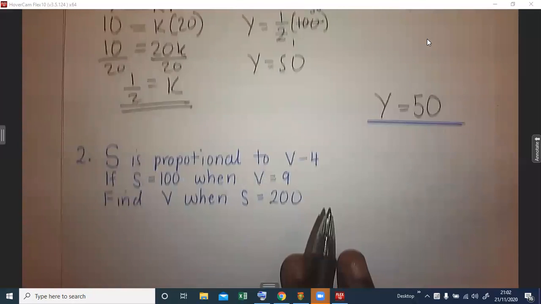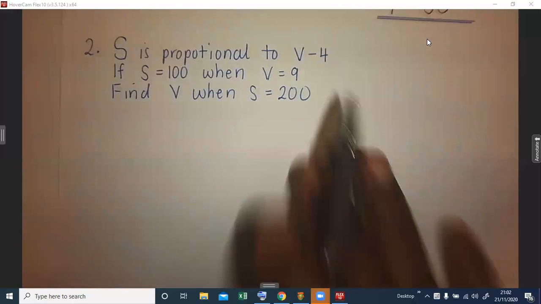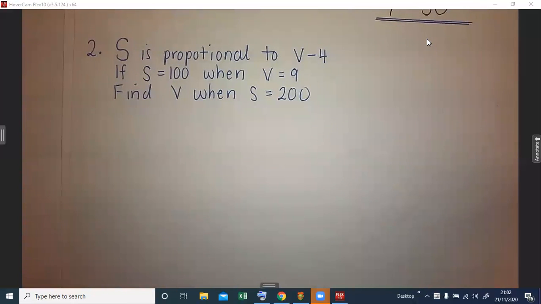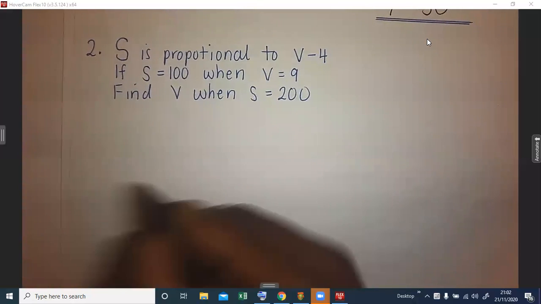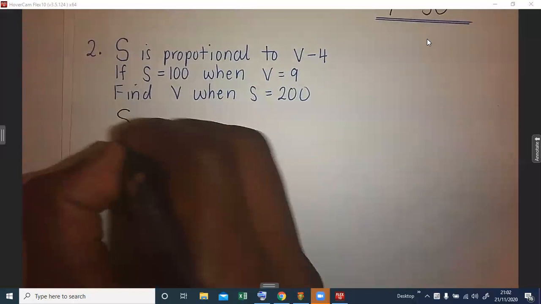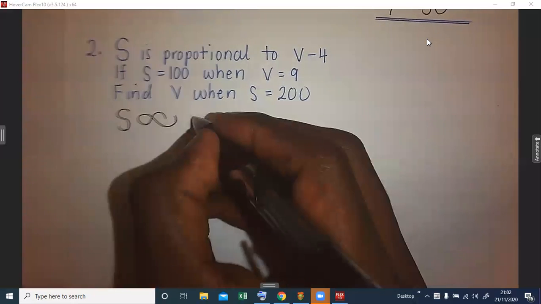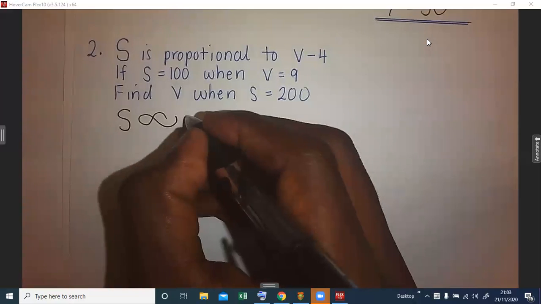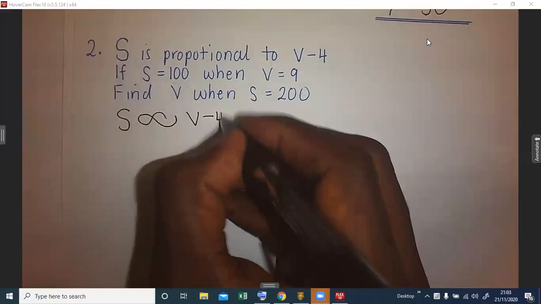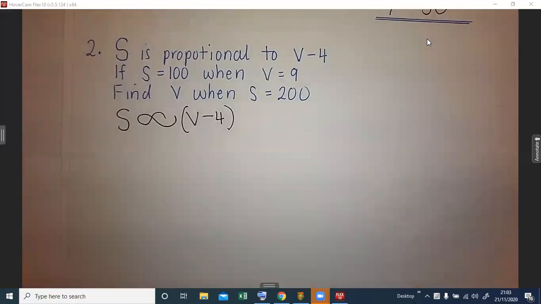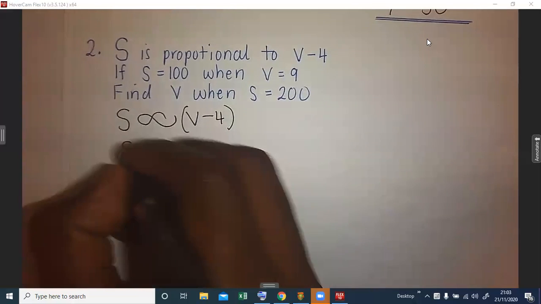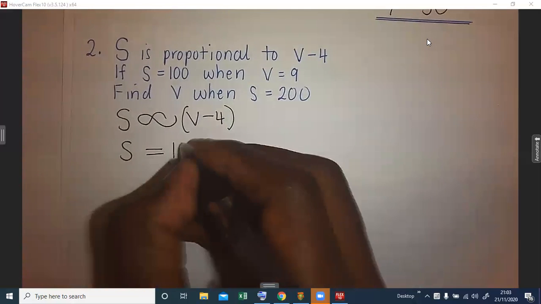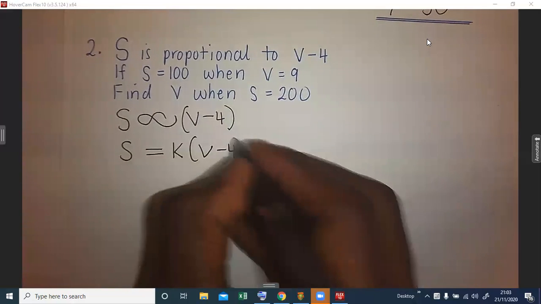Let's look at the second example. S is proportional to v minus 4. Remember, this is one item. Then we change it to an equation and we get S is equal to k(v minus 4).